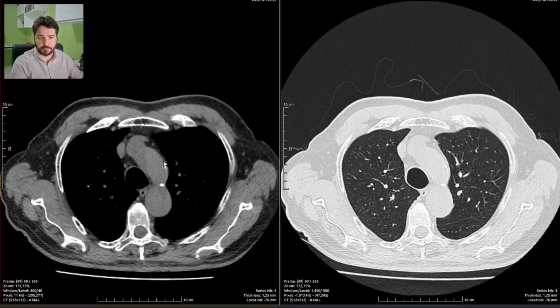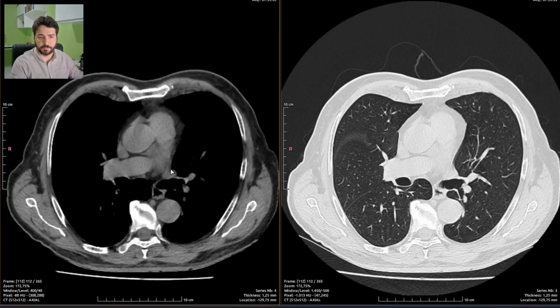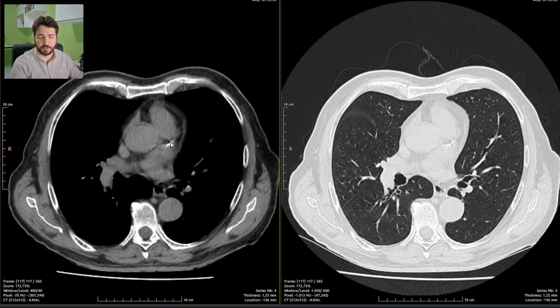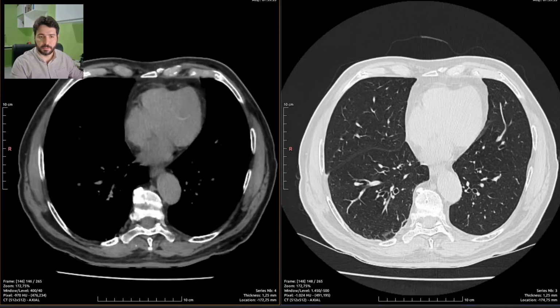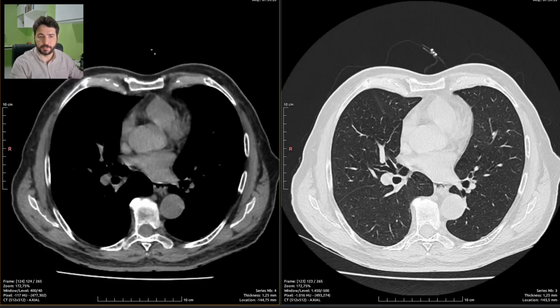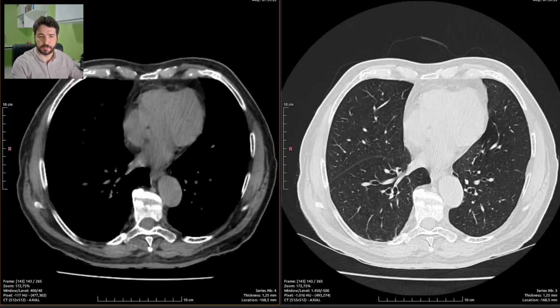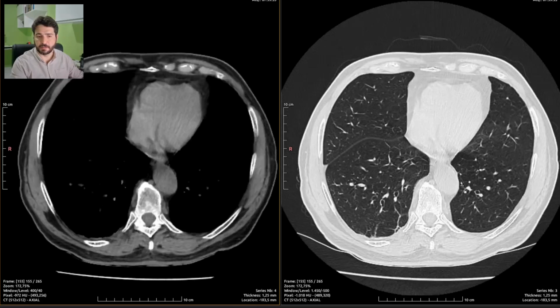There are some calcifications on the aorta and of course calcification on coronary arteries, also on the aortic valve. There might be even some calcifications inside the left ventricle.